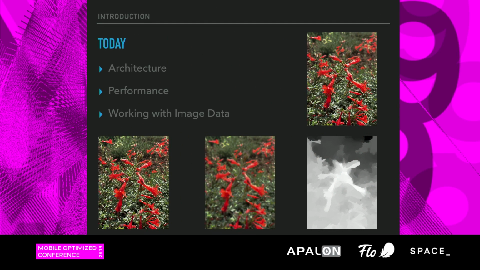So in today's talk, I'm going to be talking about the overall architecture in building a real-time renderer. We'll touch on some of the performance considerations as you're designing it, and some of the nuances when working with image data. I'm going to be using that portrait effect as an example project because it's actually pulling in two video sources.